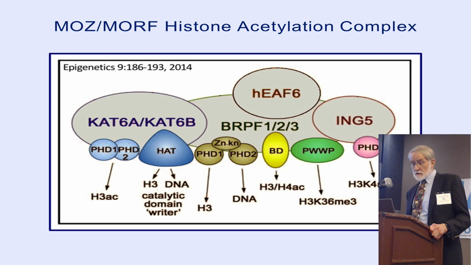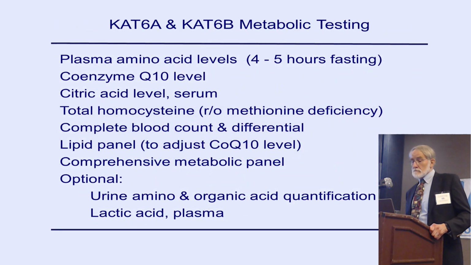So just to, I think it's my last slide, so just to summarize, the metabolic testing, which we recommend for all children, at least at the time of their diagnosis. Indeed, most children will have loss of function.